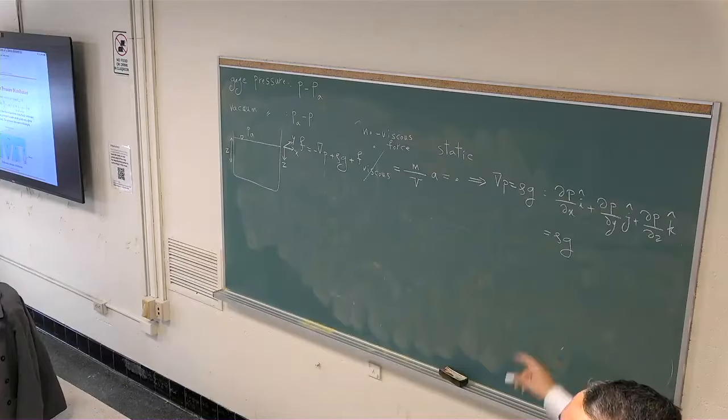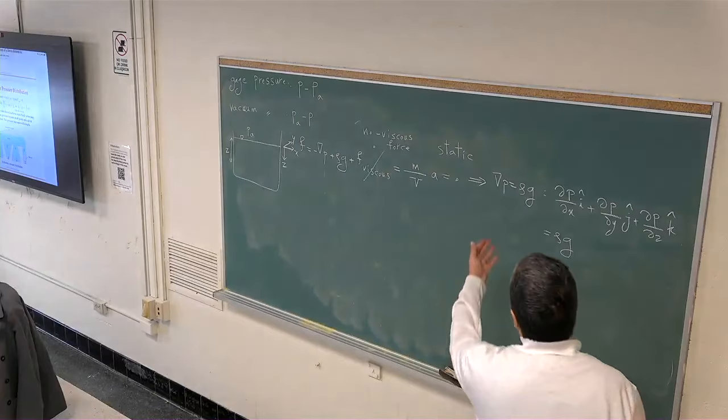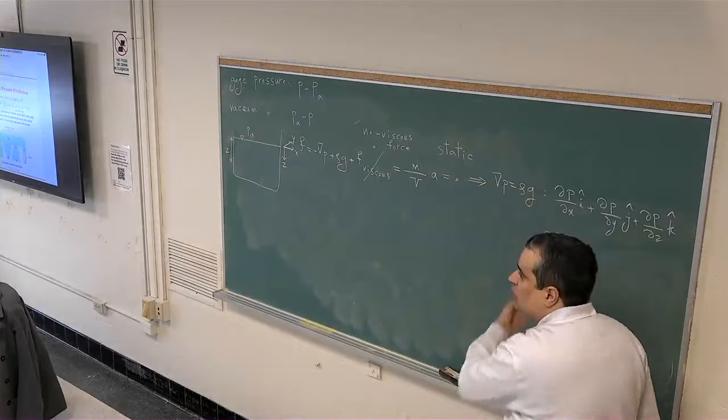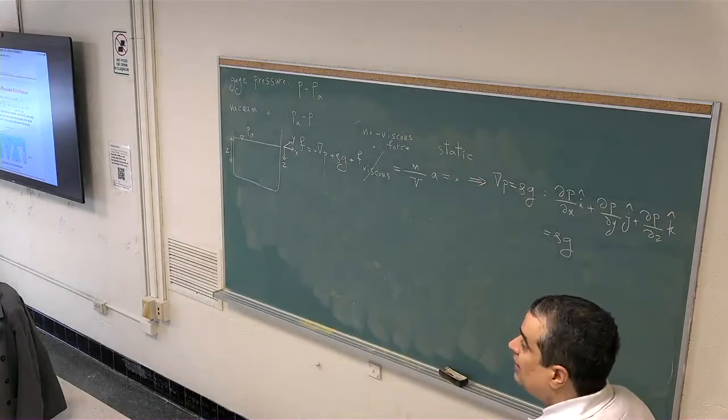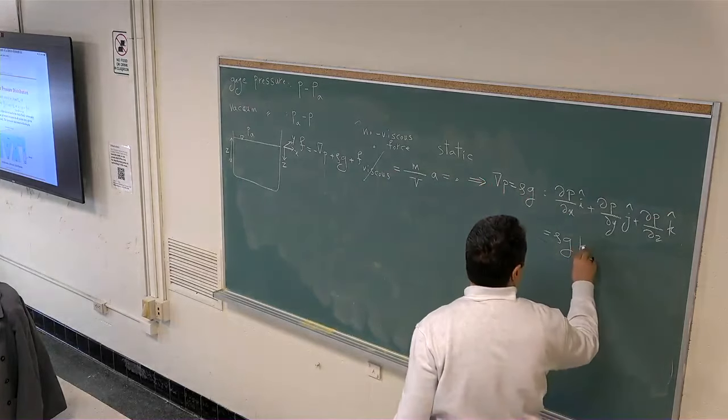Rho g is in which direction? Because it is also a force. Rho g is in the Z direction. So it is k.